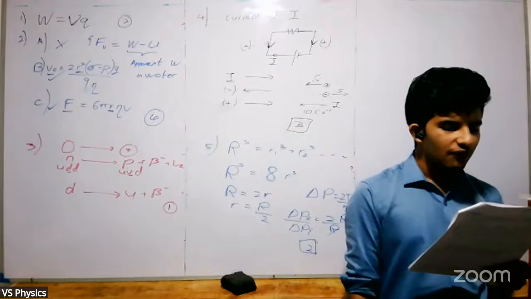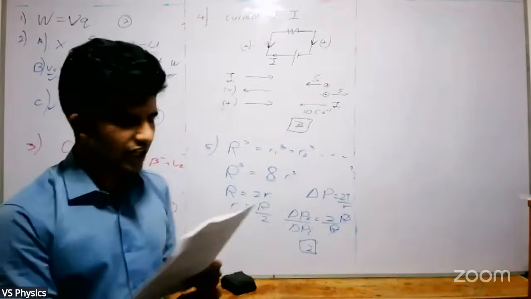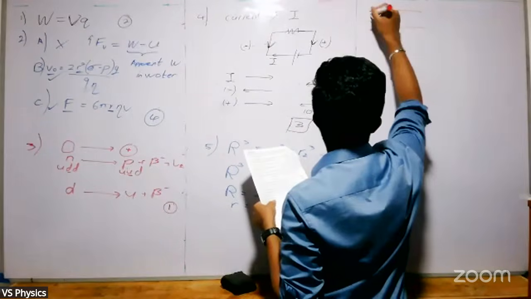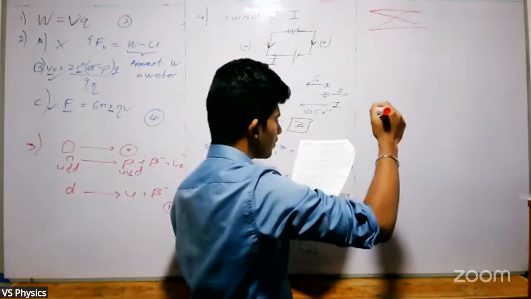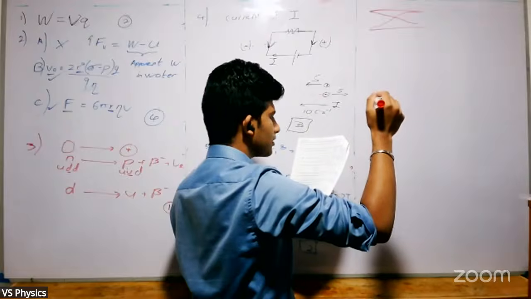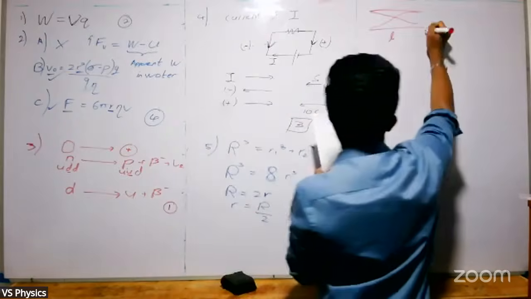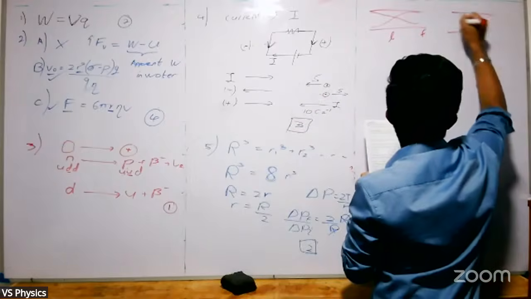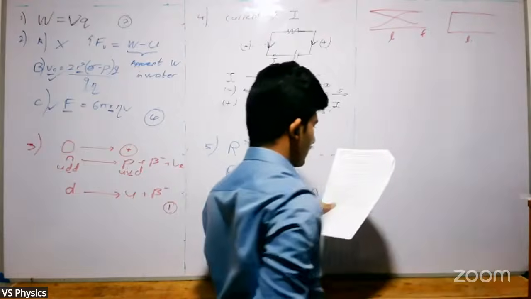Sixth one. Fundamental frequency of air column in a both end open tube is F. We have a both end open tube. What is the wave pattern? It is a wave pattern like this. Let's say length is L, frequency is F. Now they are closing one end, but the length is the same.